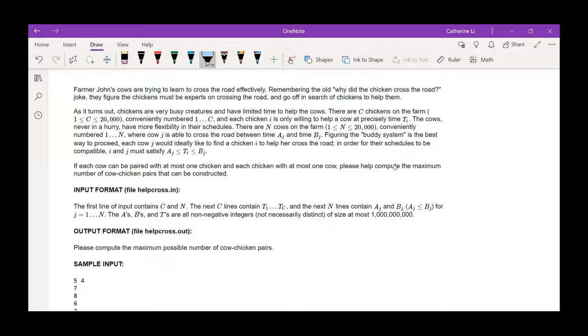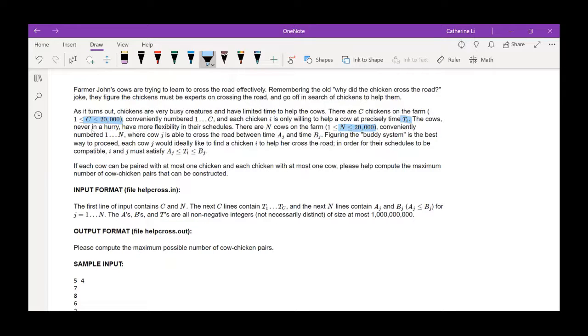We know that there are C chickens, C less than or equal to 20,000, and every chicken can only help a cow at one point in time, which is T_i. For the cows, there are N of them, and N is less than or equal to 20,000 as well.